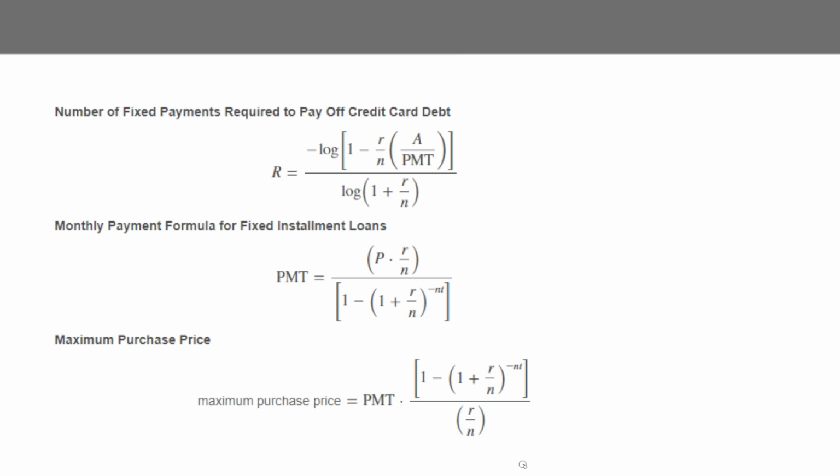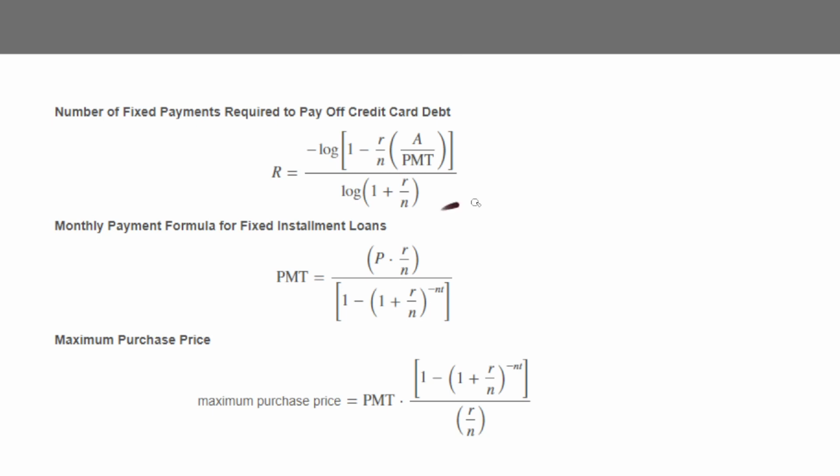This is probably my least favorite equation or topic in this whole chapter, because there's not an Excel function for it, and it's pretty complicated to plug in. But we'll go through how to do that, and hopefully you'll understand what's going on.